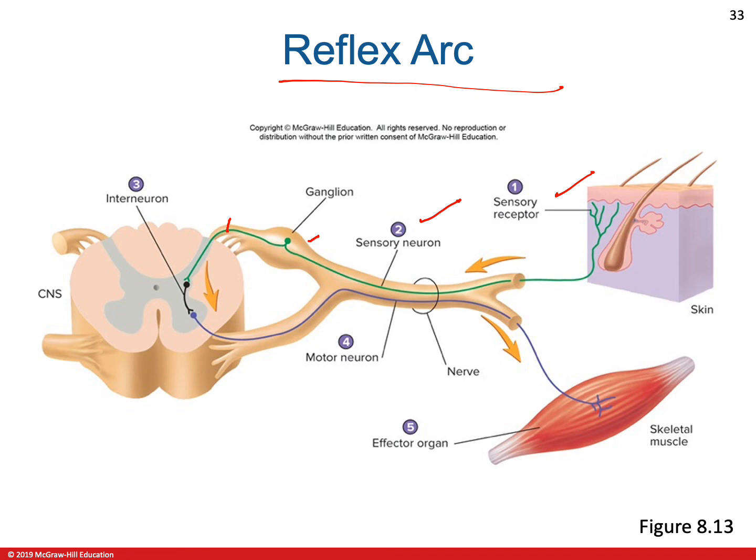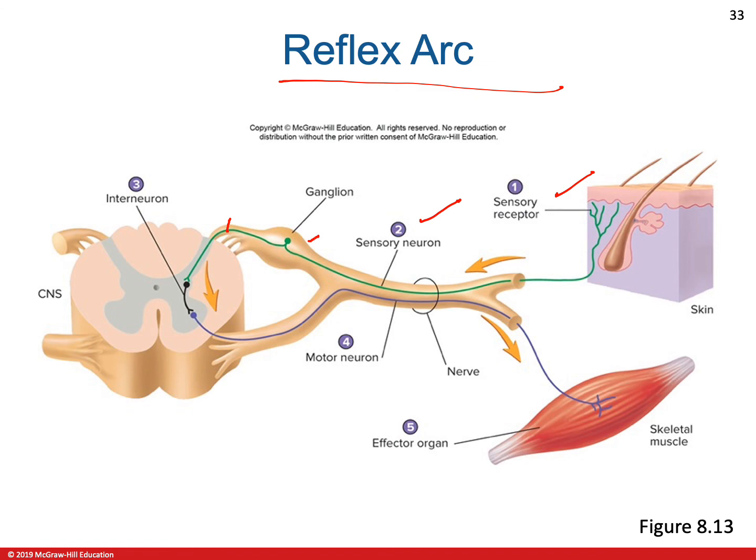So what is happening here? When there is a stimulus, for example, an injury in the skin, that sensory signal will be carried by your sensory neuron going to the spinal cord. Okay, that signal will synapse to the interneuron.